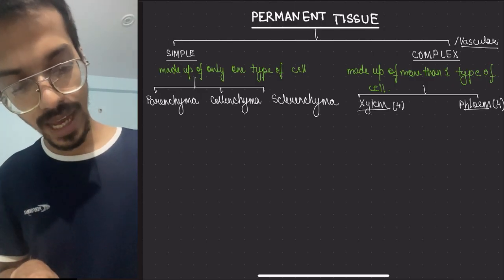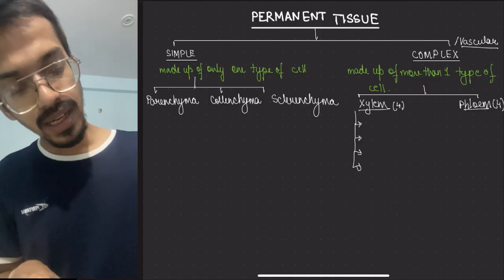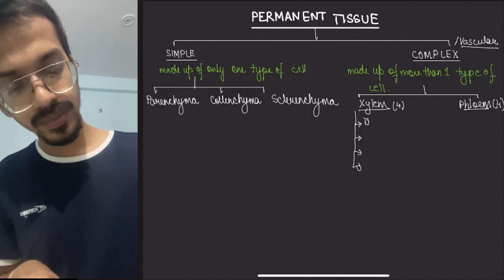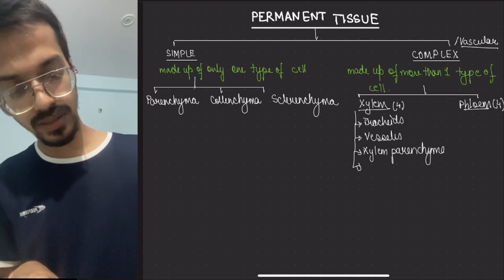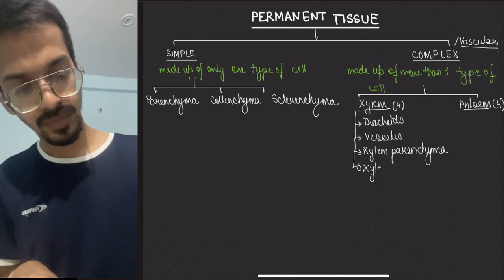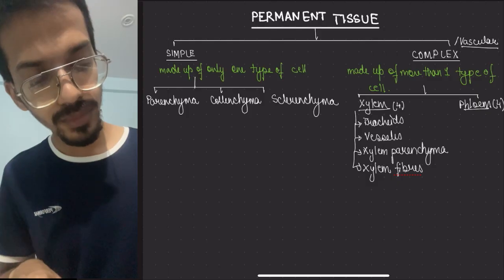So the xylem, the 4 tissues that are there, what are they? They are tracheids, vessels, xylem parenchyma and xylem fibers. Then phloem. In the phloem we have what?